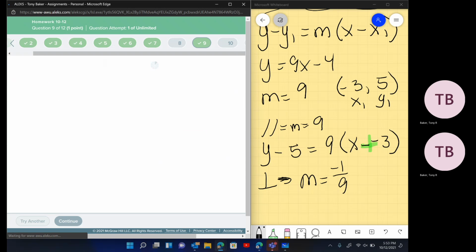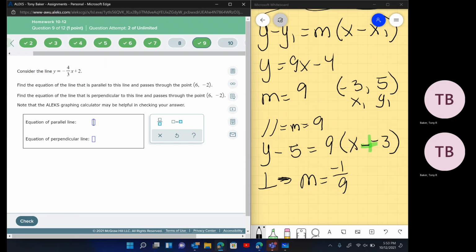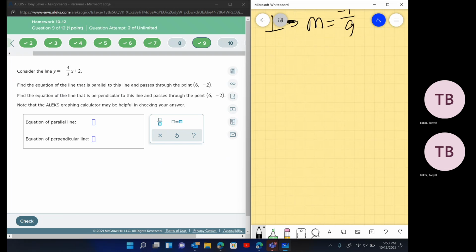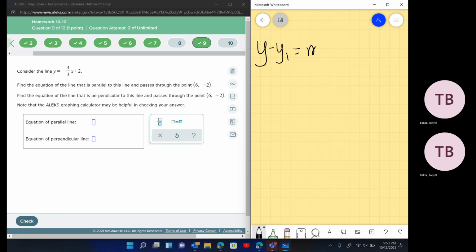All right, let's do one more of these. So again, we're going to use y minus y1 equals m times x minus x1.